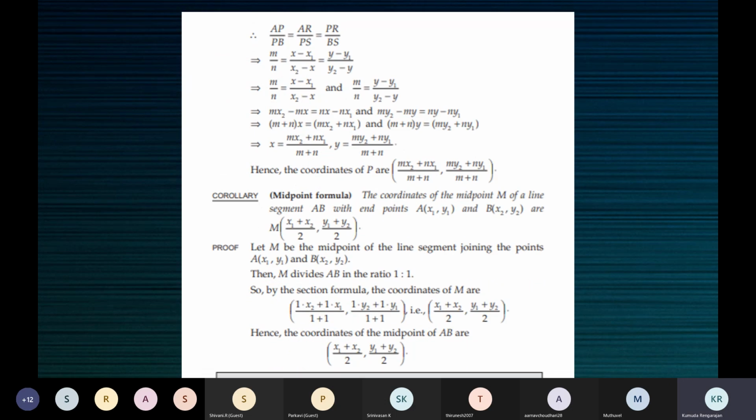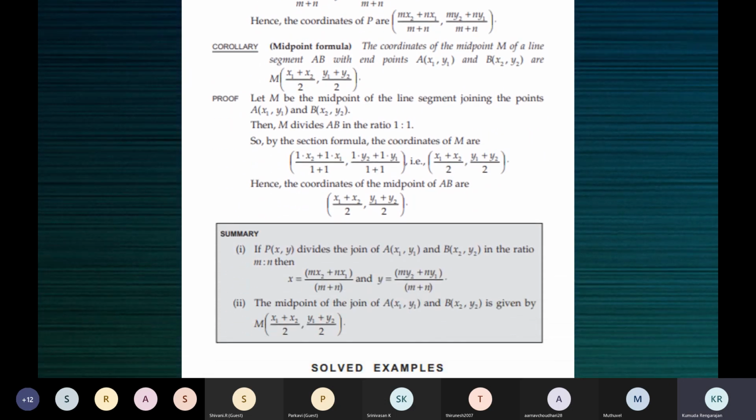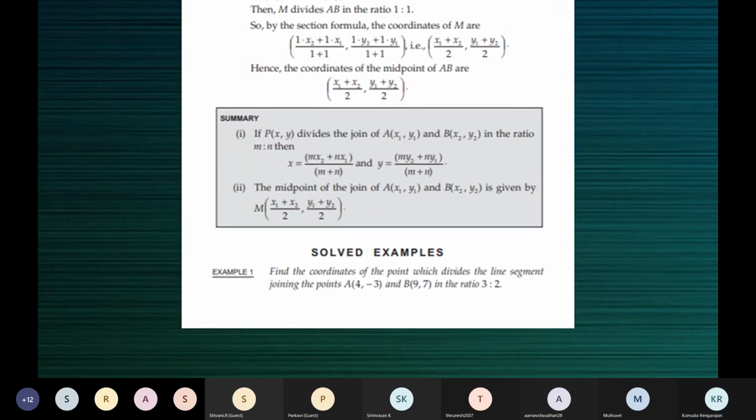Let's apply it in a situation so we understand better. See here. Find the coordinates of the point which divides the line segment joining the points A and B. So we have A given by 4, -3, B given by 9, 7.